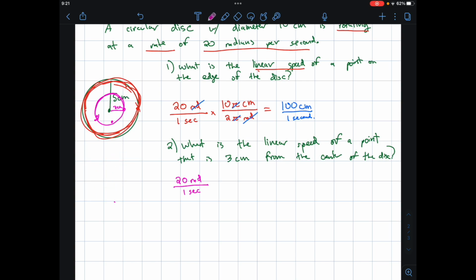But this time, this point, while rotating through those 20 radians, is covering its circumference every 2 times pi times 3 centimeters, or its circumference is equal to 6 pi centimeters. So every time we do one full rotation, we go a linear distance, if we stretch out that distance into a straight line, of 6 pi centimeters.